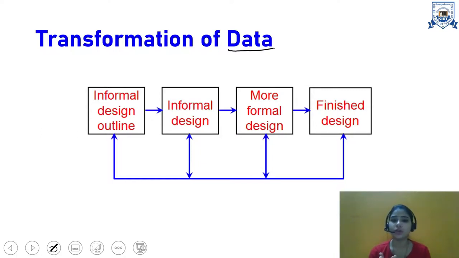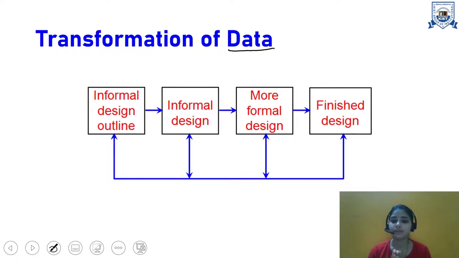First they create an informal design outline, then the informal design is created, then more formally, and then we finish the document. We go in a loop or cycle till then. Till then we cannot finish the document. We have to go through the whole process.